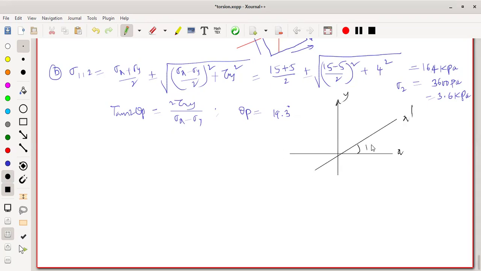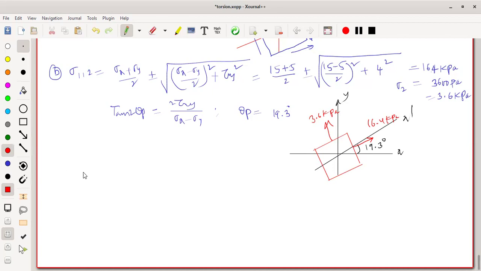So here the inclination is 19.3 degrees. So you have to draw the element perpendicular to it and you have to close it. On this one you have how much? It is 16.4 kilopascals. So perpendicular to it you have 3.6 kilopascals. So these are the principal stresses. You don't have the shear stress over this cross section.